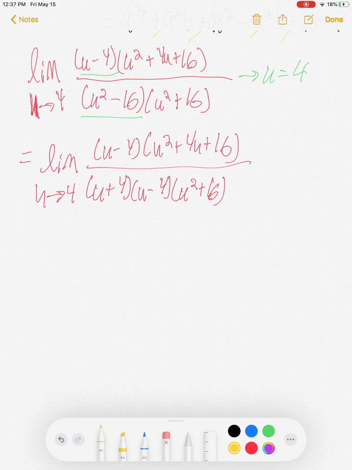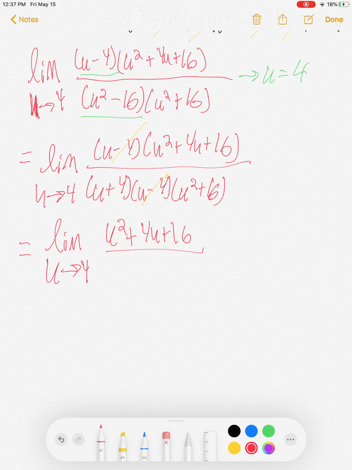And now I've got some nice cancellations. My u minus 4, goodbye. So now my numerator is u squared plus 4u plus 16, and my denominator is u plus 4 times u squared plus 16.